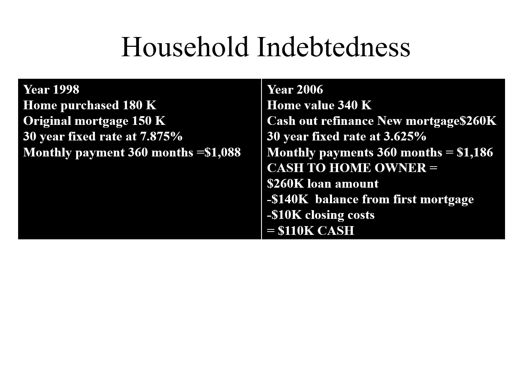So let's talk about household indebtedness, and we will use a real-life example to demonstrate how house prices, home values, and household indebtedness seriously impact the amount of consumer spending which takes place in the economy. So let's go through this scenario. Start on the left. Let's assume that Mary or Mark purchased a home in 1998 for $180,000.